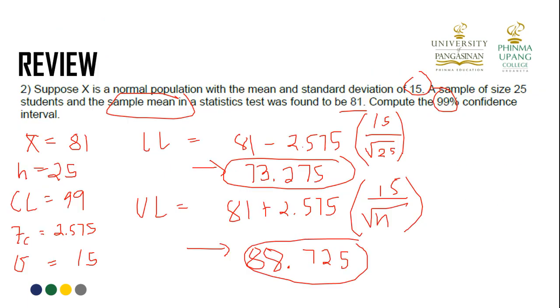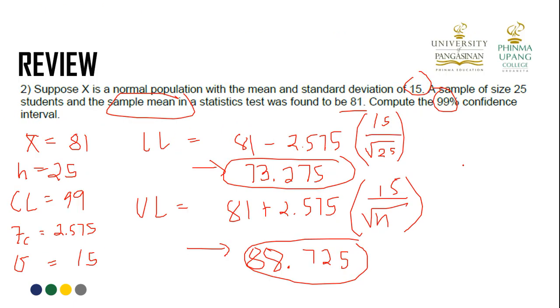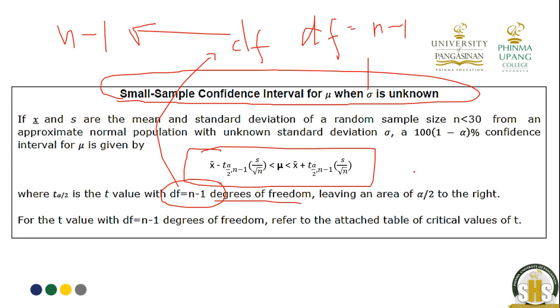But in our previous lesson, we used the Z value, or the Z table. Here, when the standard deviation is unknown, we are going to use the value of T, from the T table. Trivia: the T table is what we call the T, or student, distribution.